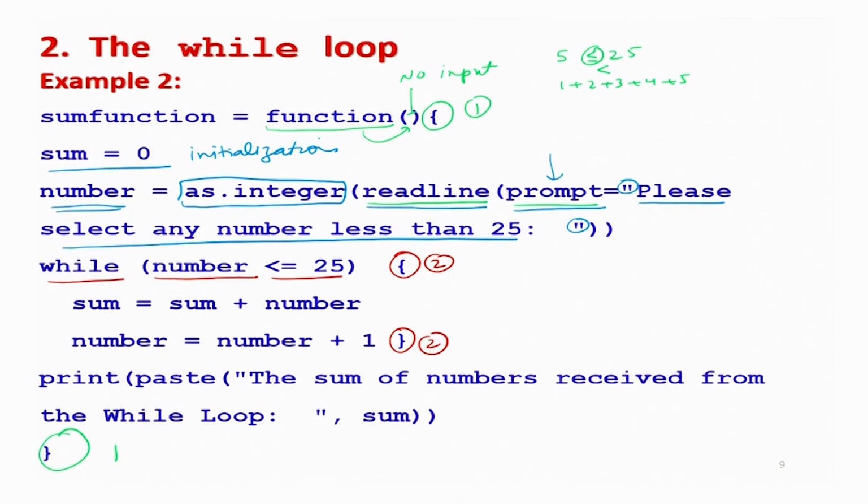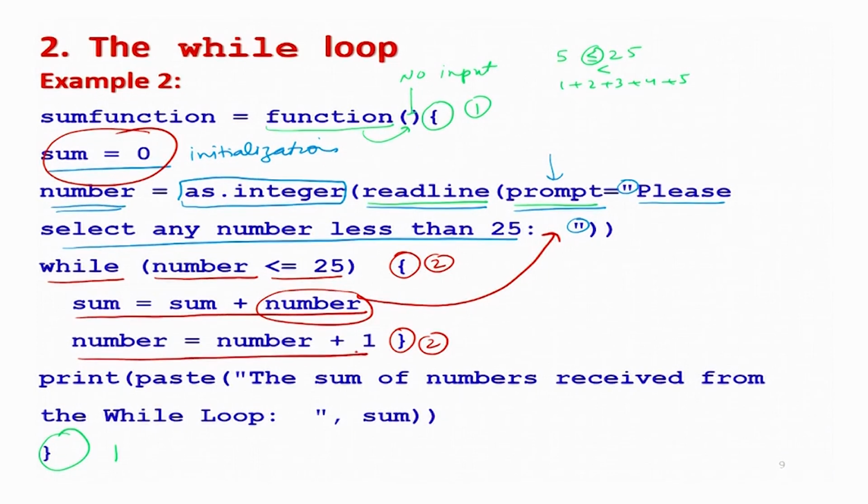The first statement is sum is equal to sum plus number. The initial value of sum I have taken to be 0, so it will start from 0, and then whatever number I am entering is added. And then I execute number is equal to number plus 1.